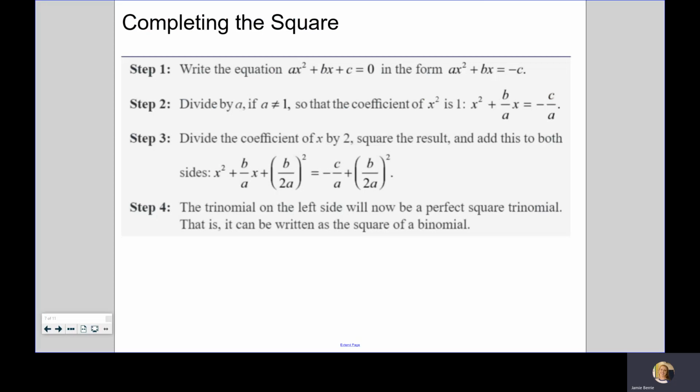All right, step 2 is divide by a, which is the coefficient on your x squared term. So dividing everything by a. Then divide your coefficient of x by 2, so take half of the middle term and then square it, and then add that number to both sides. The trinomial on the left is now a perfect square trinomial, and it can be factored easily.